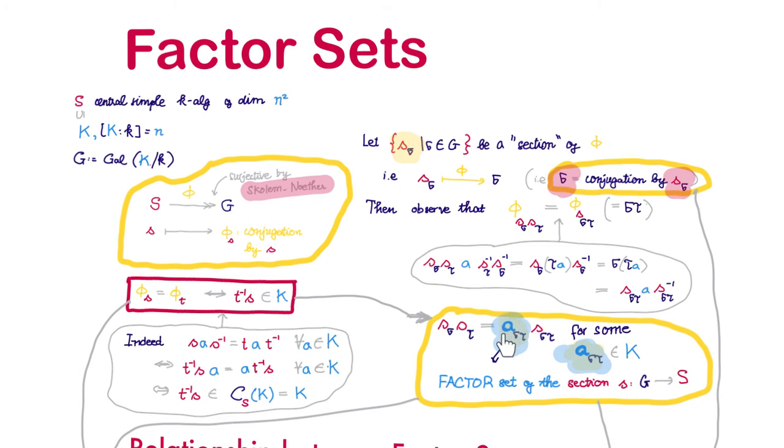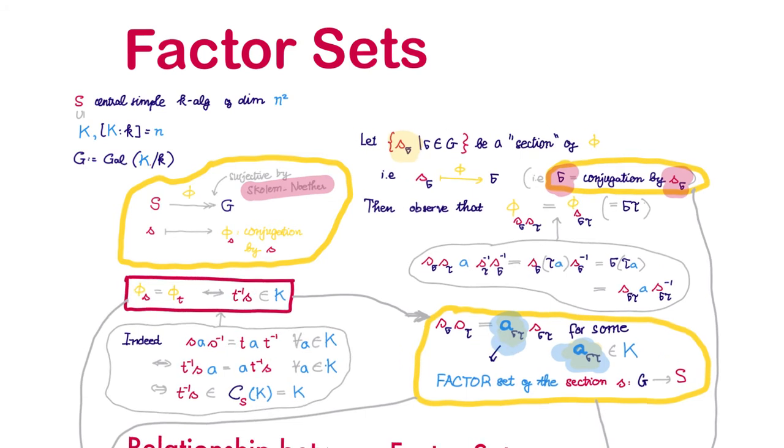And we call this A sigma tau, as sigma and tau range over G, a factor set relative to big K. We should view this factor set as a map A from G times G to K, associating to each pair sigma tau the element A sigma tau inside K. Now, of course, this factor set is not unique.